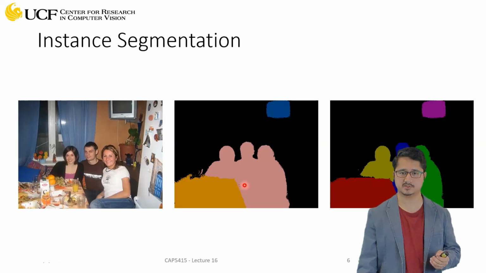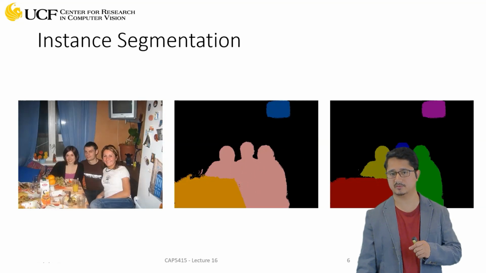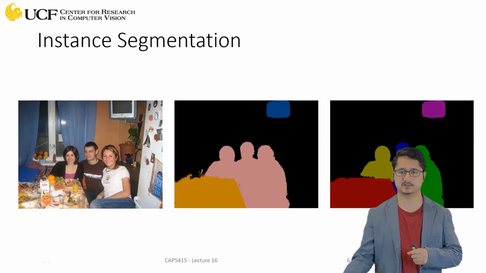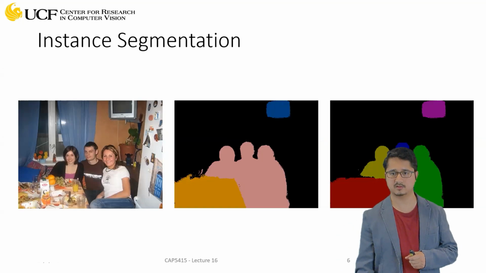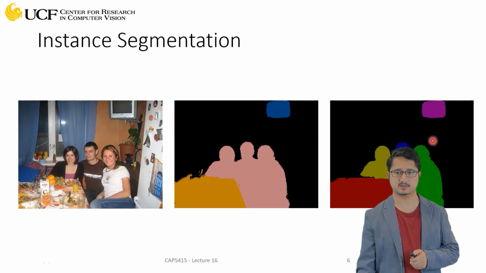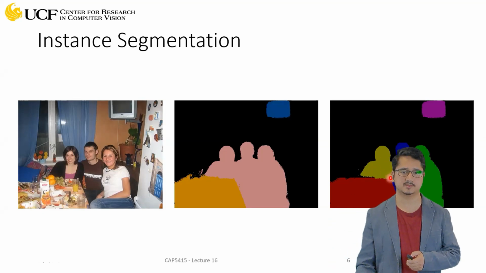So that part was missing in semantic segmentation. We need instance segmentation, where we have to create these boundaries as well. Even though these two regions are the same semantic category, we still have to separate the two. This output on the right is from instance segmentation.